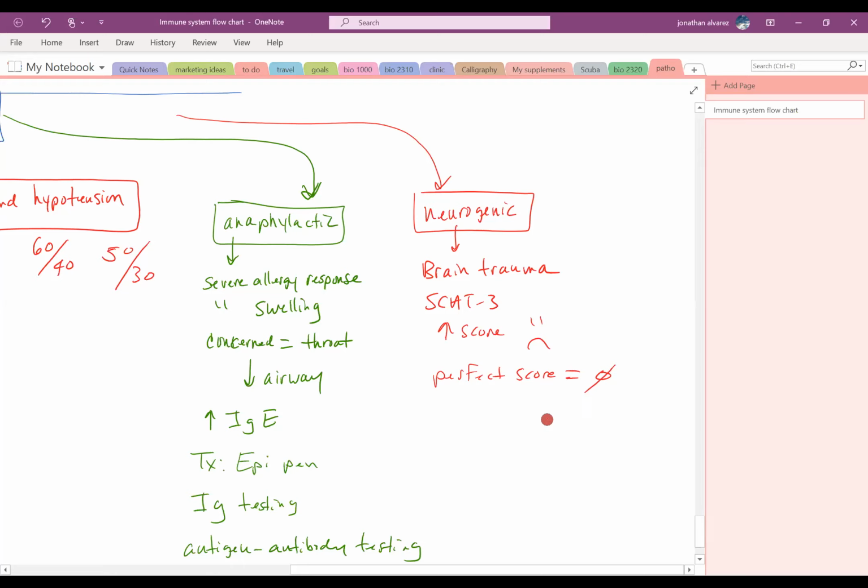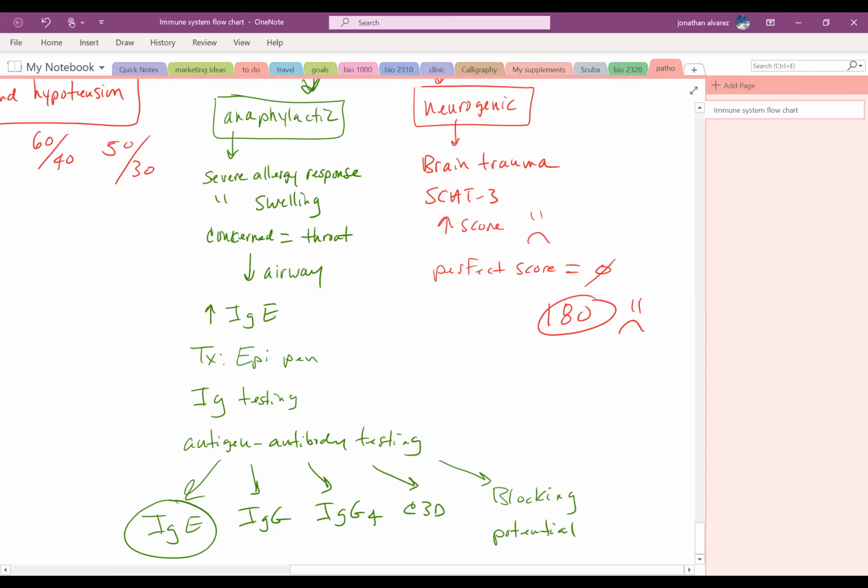So a score of like 180 would be really bad. All right. I don't clear people until they're in the single digits, right? So if you're a 5 or a 3, or a 1 or whatever, once you're in the single digits, depending on the sport, depending on the activity, then you're clear, right?